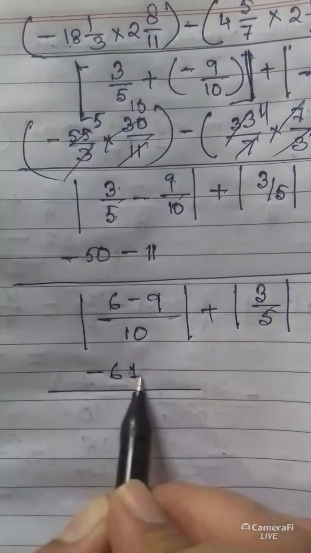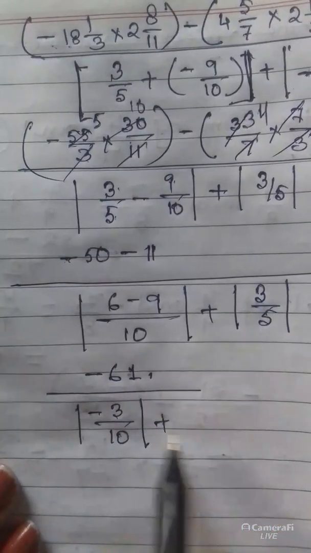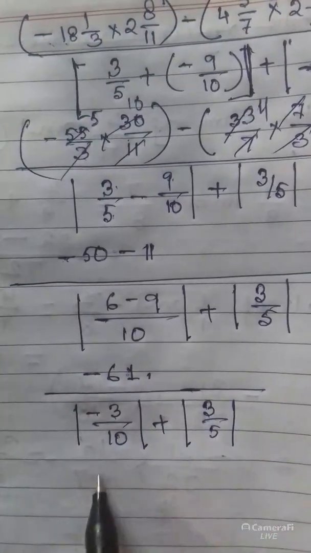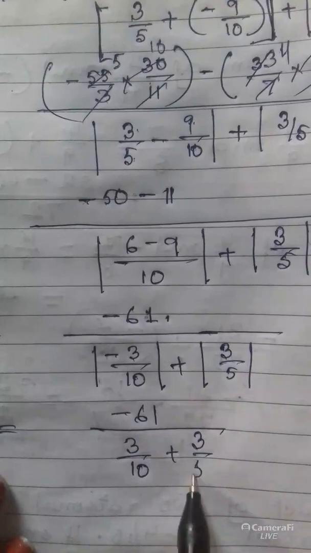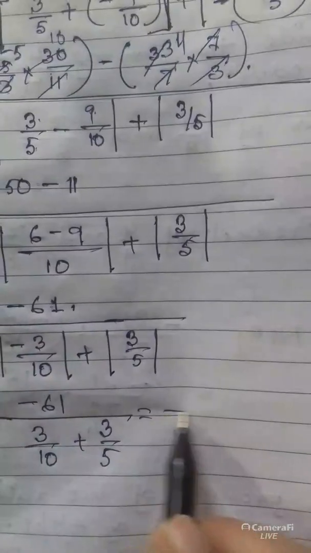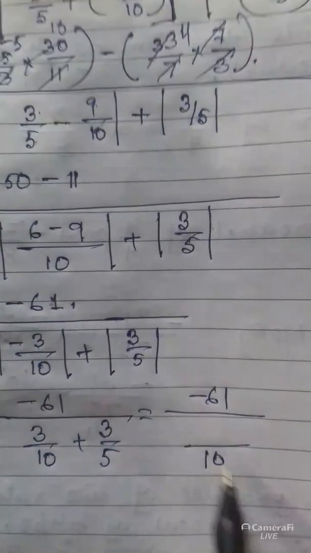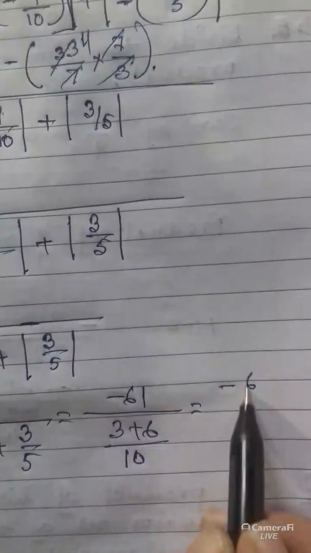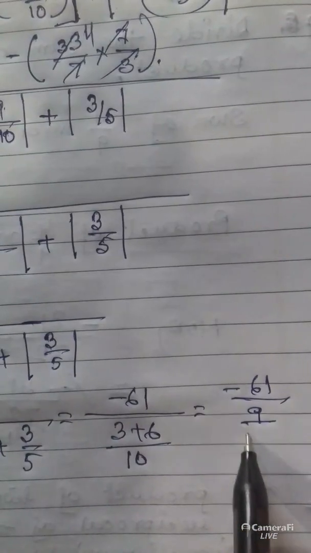Again minus 61 by minus 3 by 10 plus 3 by 5. Minus 61 by minus 3 by 10 means 3 by 10 plus 3 by 5. LCM of 10 and 5 is 10. 3 plus 6 means minus 61 by 9 by 10.